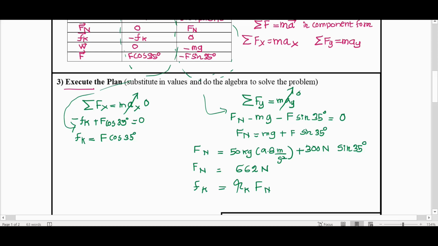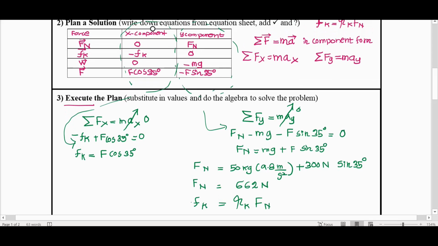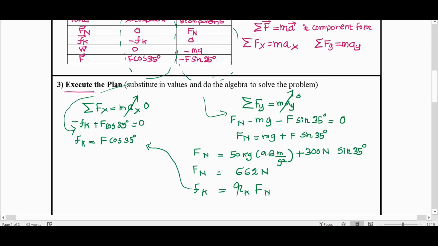And the coefficient of kinetic friction is an unknown, so that's what we are trying to calculate here. And I'm going to use this equation for the kinetic friction. I'm just going to substitute for Fk is equal to mu k times normal force is equal to F cosine 35.